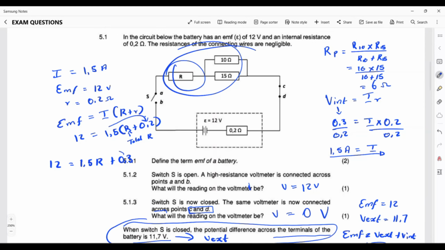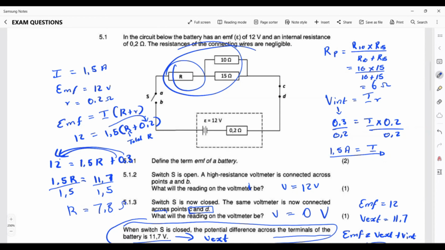Then I take this to the other side, it's going to be negative, and I subtract, which means I get 11.7. Then divide by 1.5 on both sides. What is your resistance value? 7.8.